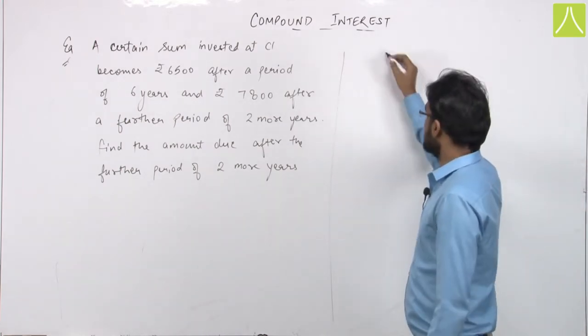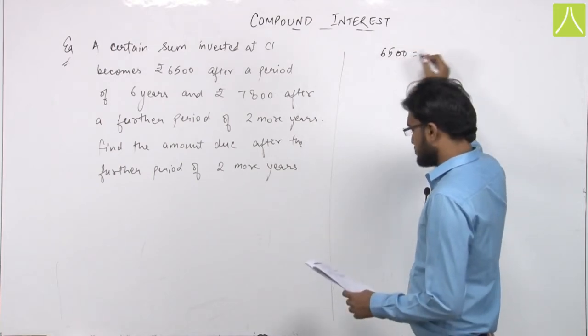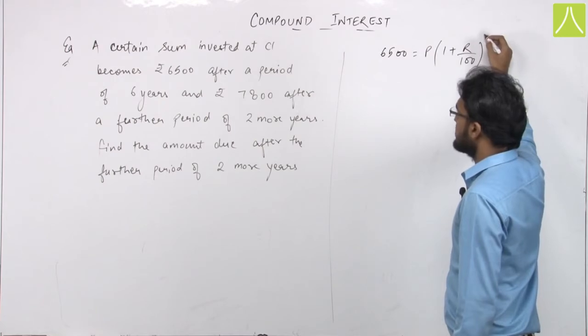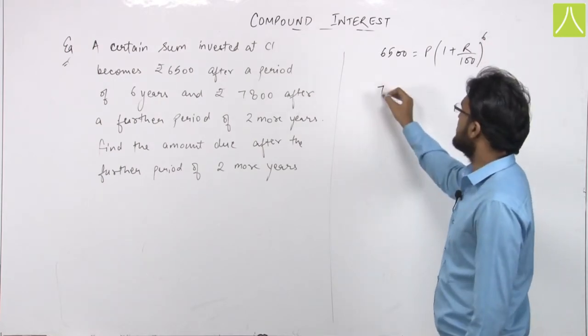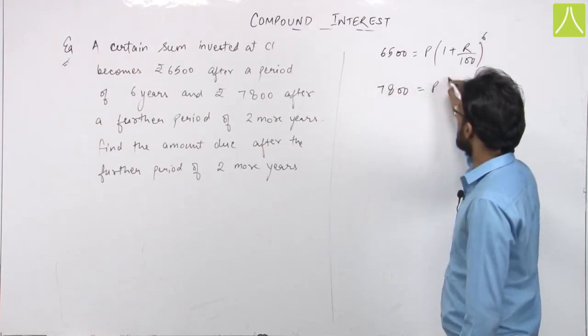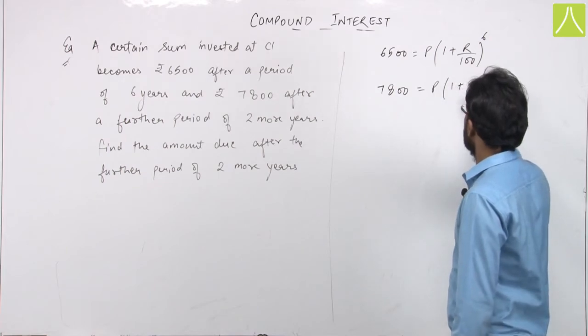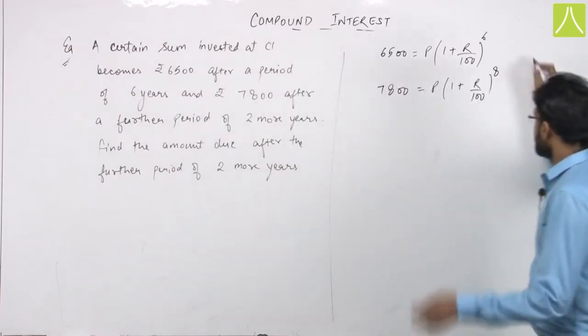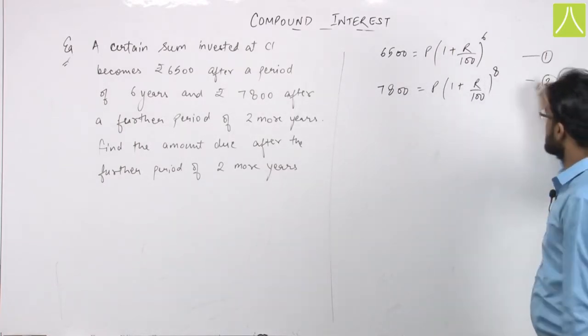The amount 6500 equals principal into 1 plus r upon 100, to the power 6, and 7800 equals principal into 1 plus r upon 100, to the power 6 plus 2, that is 8 years. Let this be equation 1 and equation 2.